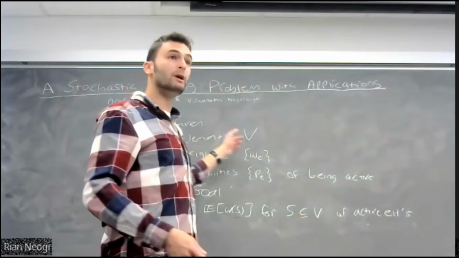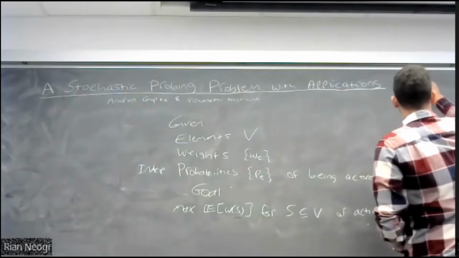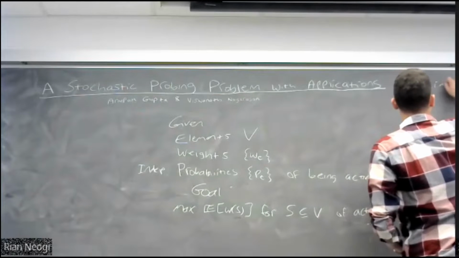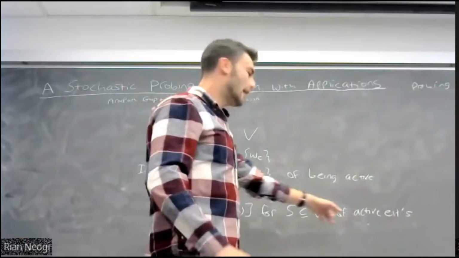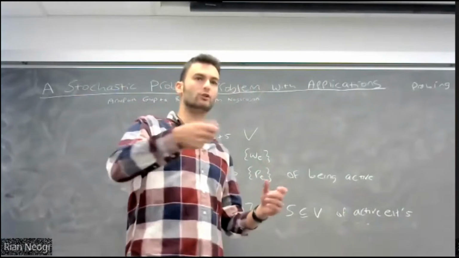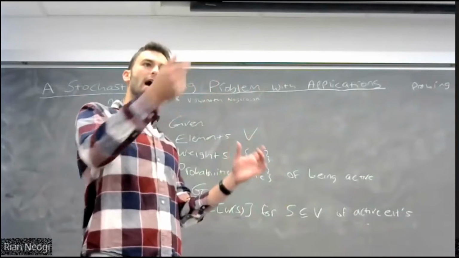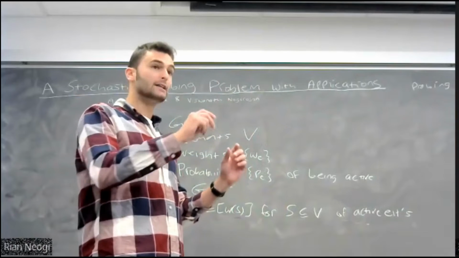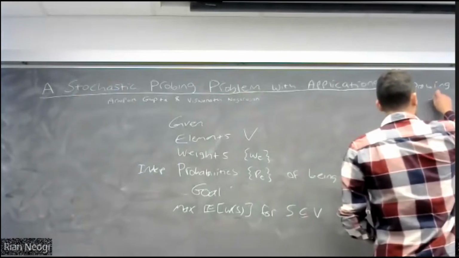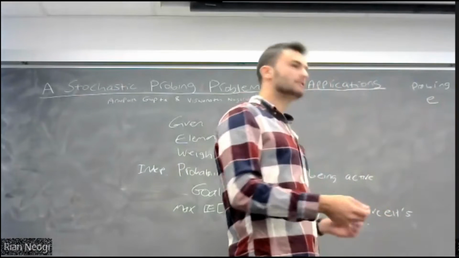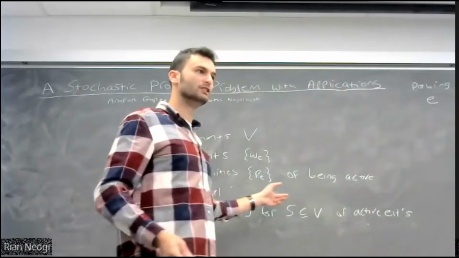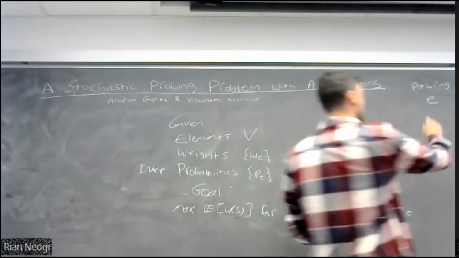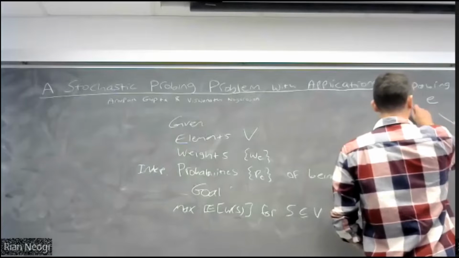And this is where the probing part comes in. So probing: in order to find out which elements are active, what our algorithm does is it goes over the elements one by one and it probes them. And when you probe an element, it's like you roll the dice or you draw from this distribution and you find out, okay, is it active or not?